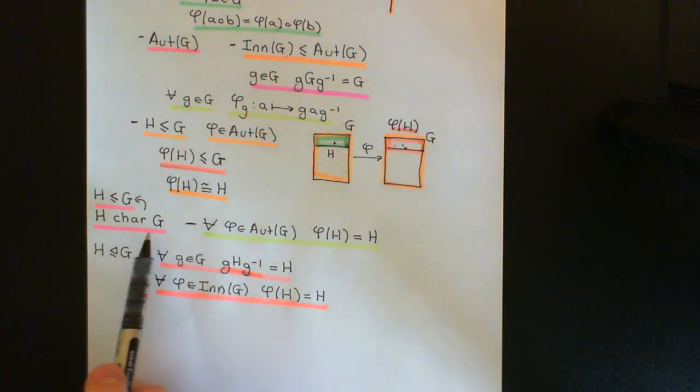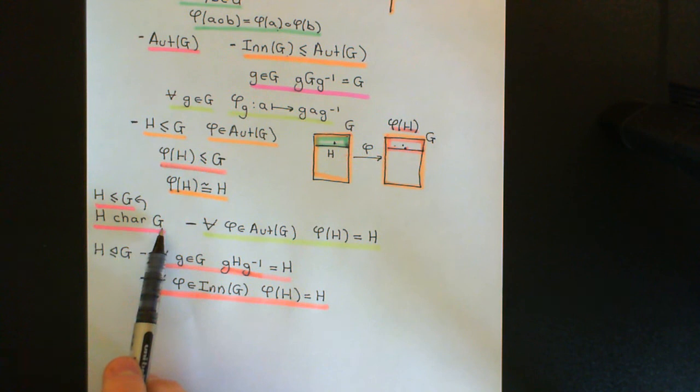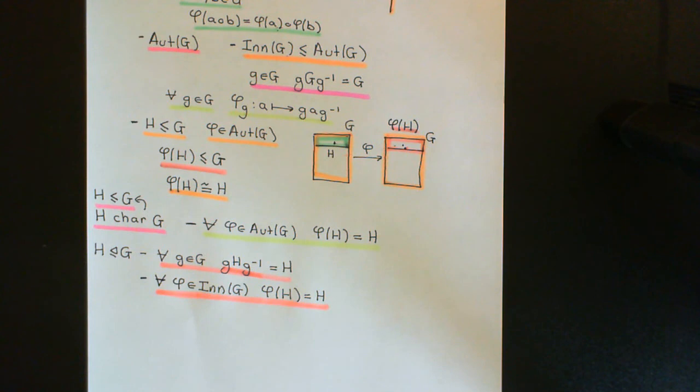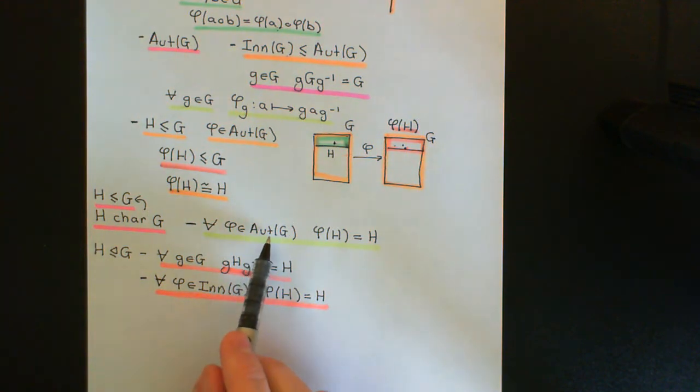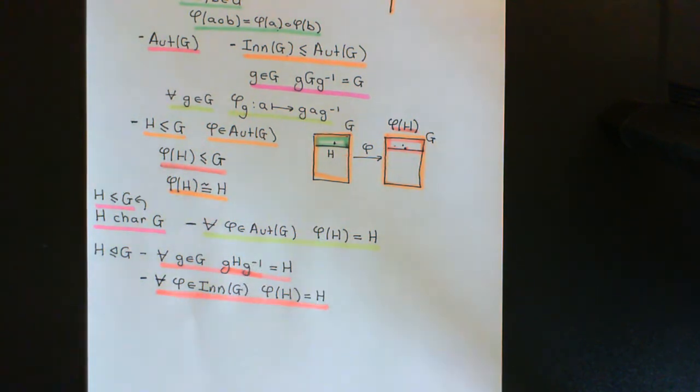However, with saying that H is a characteristic subgroup of G, we go one step up. You pick any automorphism you like from G, not necessarily just an inner automorphism of G, then H is fixed by that automorphism of G.